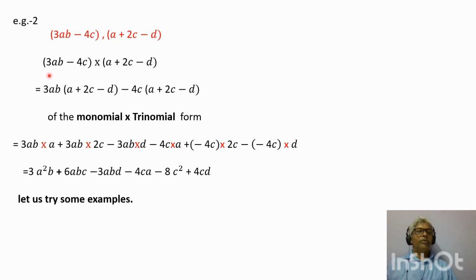Same procedure. 3ab should be multiplied to the whole bracket, and again 4c should be multiplied to the other bracket. It is 3ab into (a plus 2c minus d) minus 4c into the whole bracket. Now it is monomial into trinomial form, and very simple now.